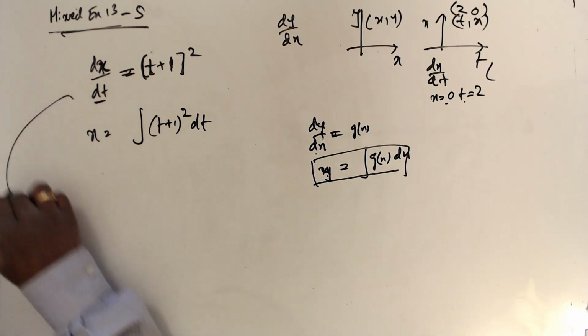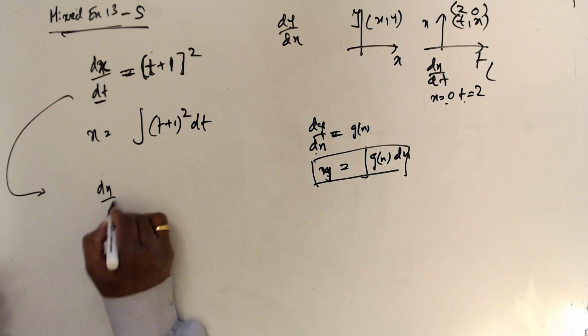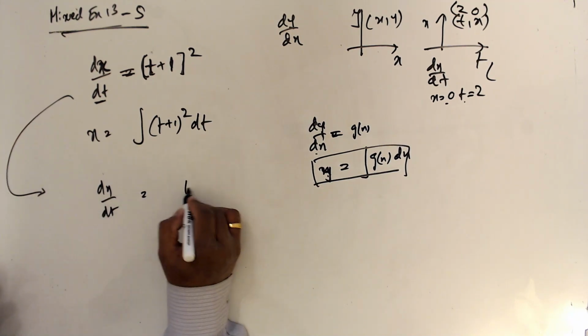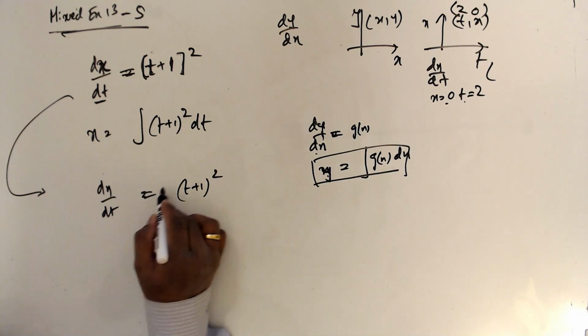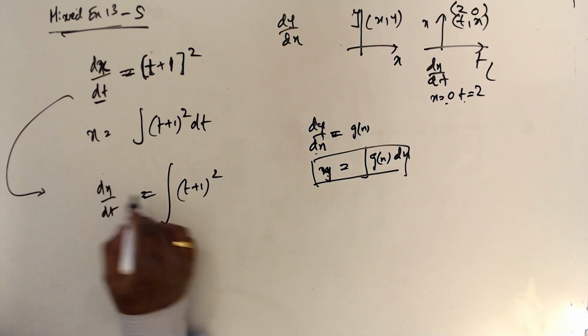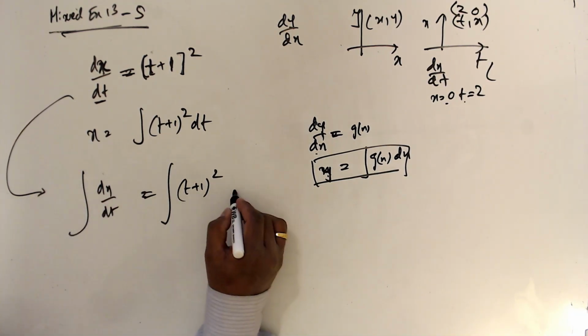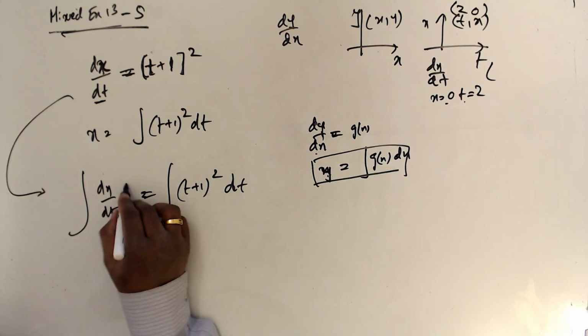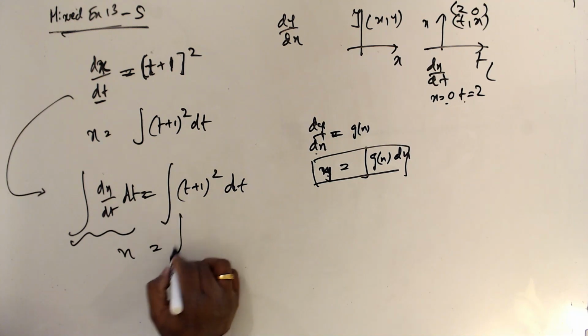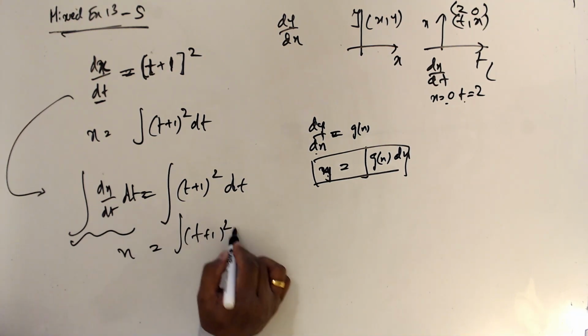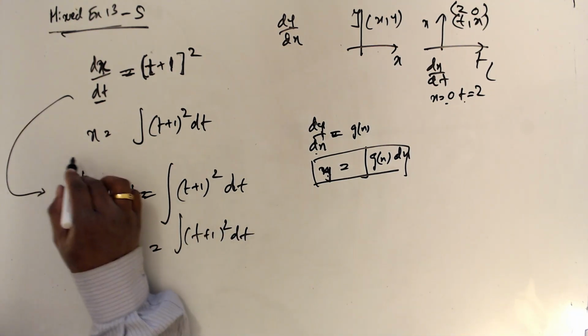What is really happening here? dx over dt equals (t plus 1) squared. We put the integration sign here, and we have to put dt here, so this expression becomes x, and this is the integral of (t plus 1) squared dt. That's the one I wrote.